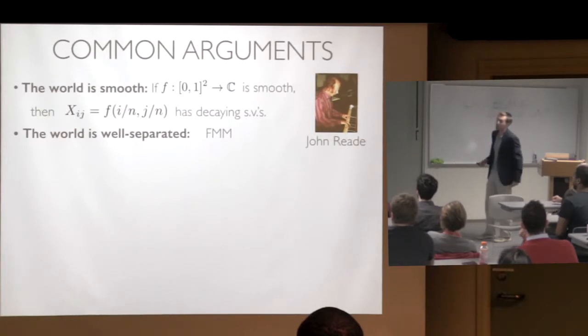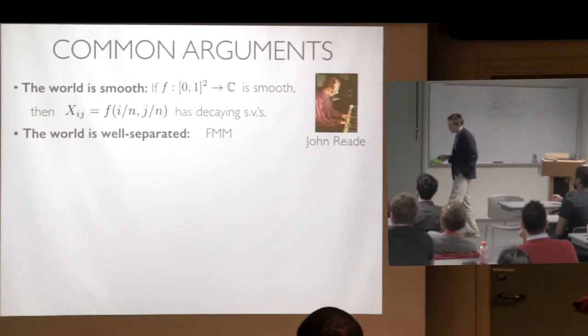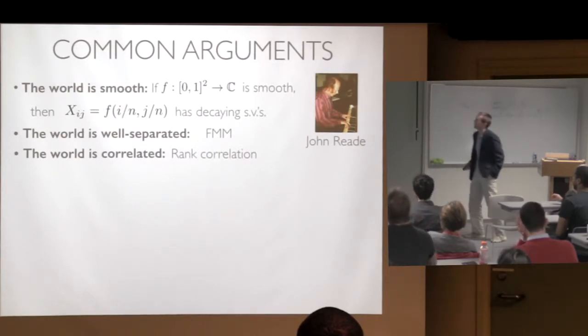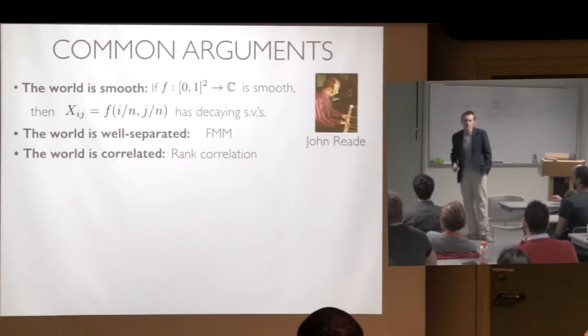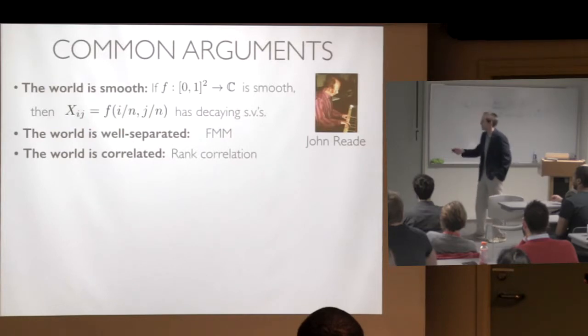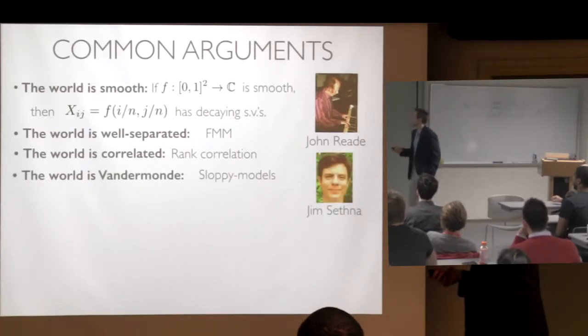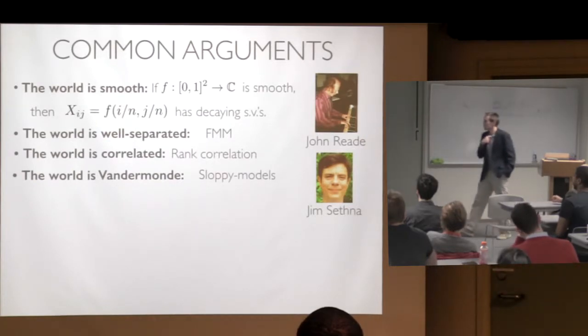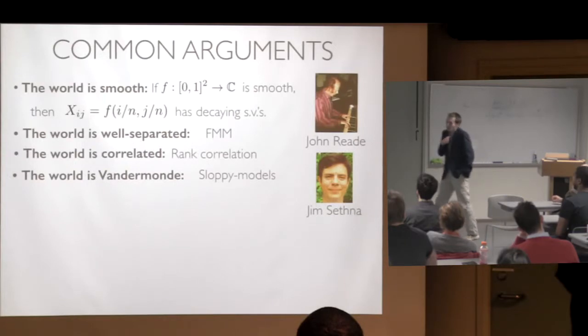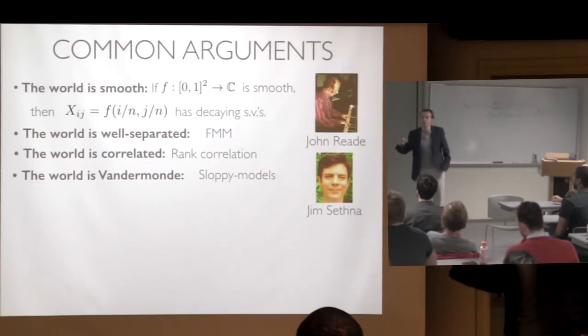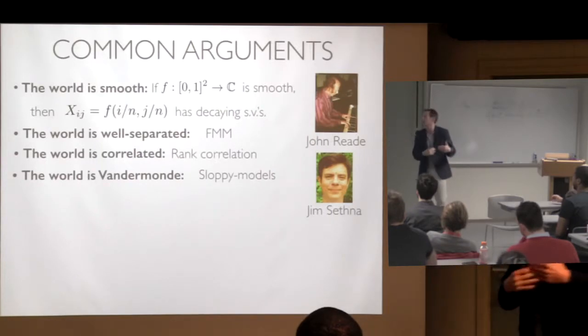And that is a case of low rank approximation. Statistics people were telling me that the columns and rows are correlated, which is essentially the same definition of low rank. Sloppy model people have a great quote where they essentially say that the world is Vandermonde. They think that the reason every matrix is low rank is because they're all associated to Vandermonde matrices.